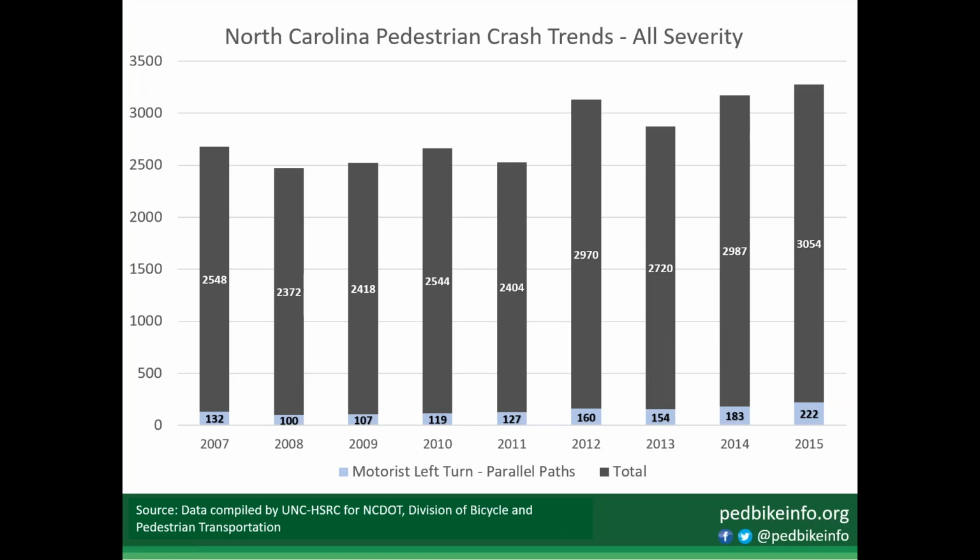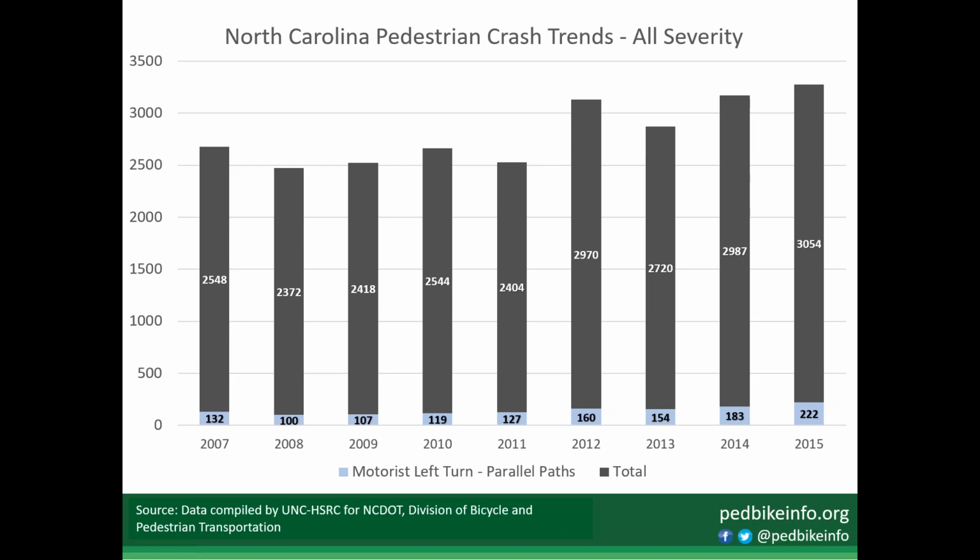All right, next slide. I'll also be making some comparisons with data from North Carolina. North Carolina is a state that has been coding pedestrian and bicycle crash types going back to 1997. So it's a good source of data on all reported pedestrian and bicycle injuries, whereas the FARS data reports just on the fatal crashes.